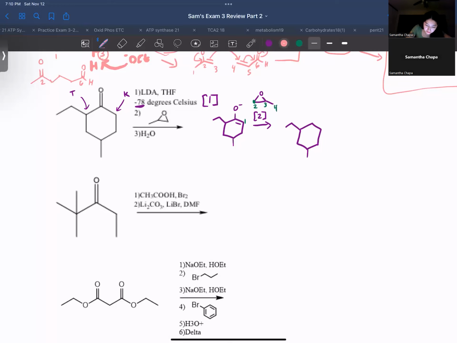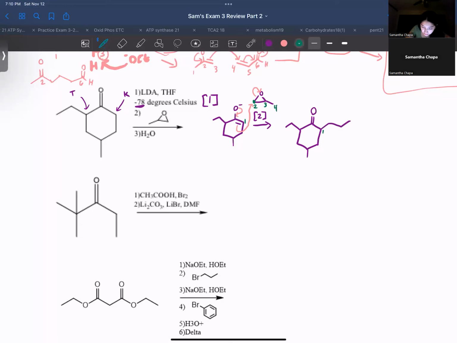Oh, and I forgot to draw my arrows. So this would go down to reform the ketone. My nucleophile would come in and attack my electrophile. And you can't have 5 bonds on a carbon, so then you break this open and it'll go to the right. So then again, we reformed the carbonyl. We made a new bond. I'm going to do random amounts and then I'm going to count.